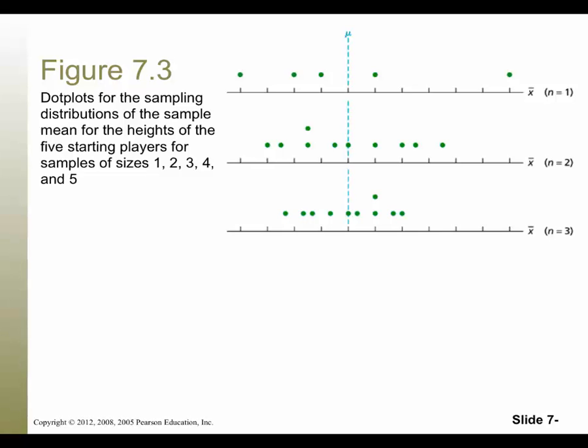The bigger your sample, the more likely it is the mean of that sample will be closer to the mean of the actual population. Should make sense. That's an important principle: the bigger your sample gets, the more unlikely it is that the mean will be away from the mean of the population, and a lot more likely it will be close to it. So that's what we're seeing here. The bigger your sample gets, the more tightly those means adhere to the mean of the population, right?